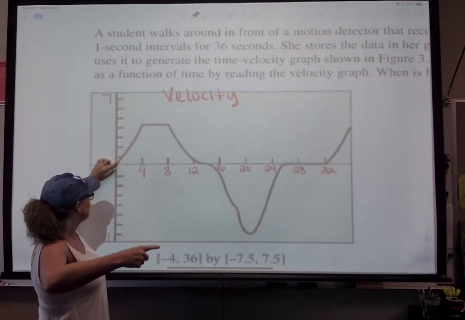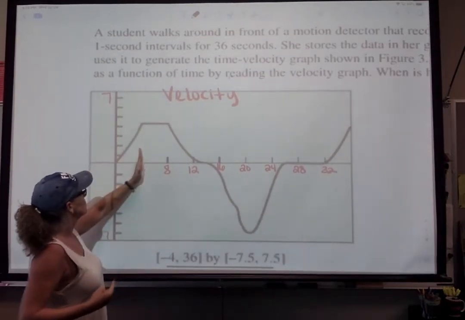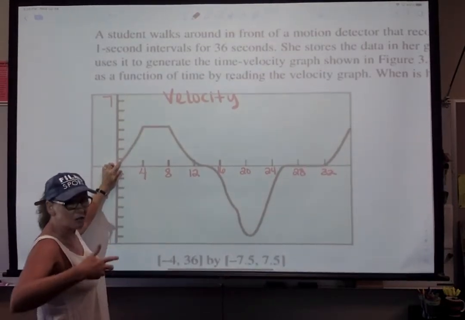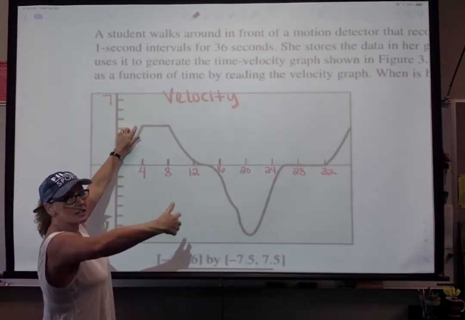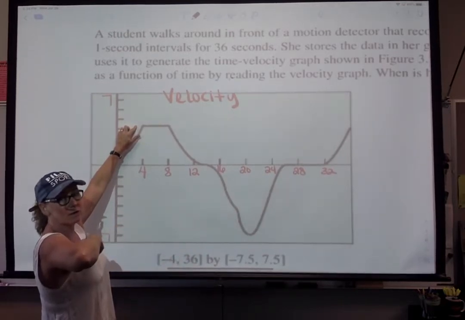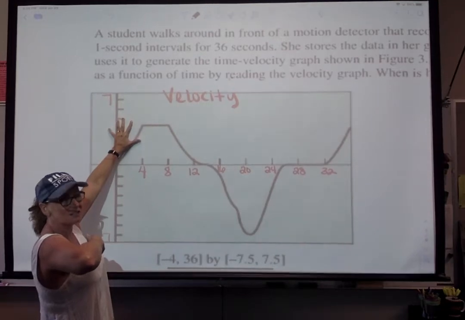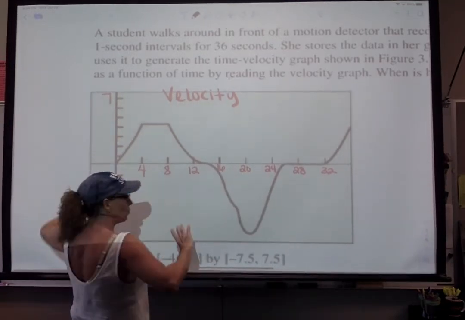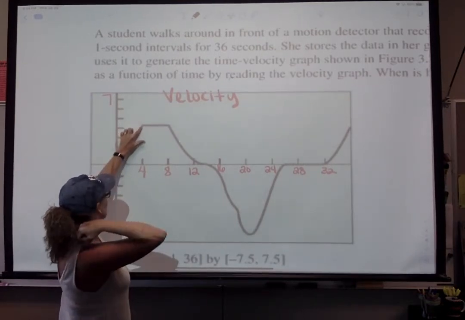So she's picking up speed, picking up speed. From 0 to 4, she's starting to walk faster and faster in the positive direction. How do I know that? Because these velocity values are positive. So she's walking toward the right, speeding up, speeding up toward the right.